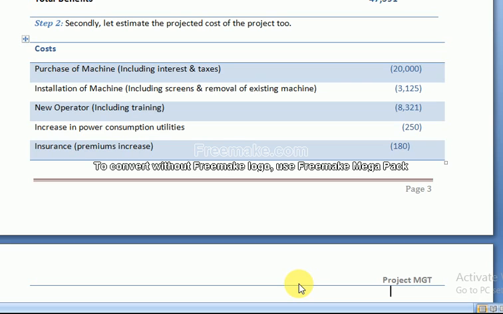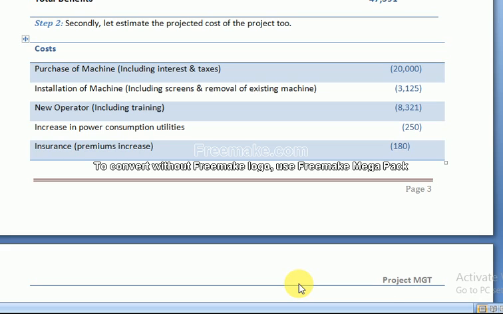Similarly, an increase in the power consumption. Currently we are doing the stamping production by hand, manually. But when we replace this with automatic machinery, the machinery will consume power, electricity. So we say that they will consume $250.